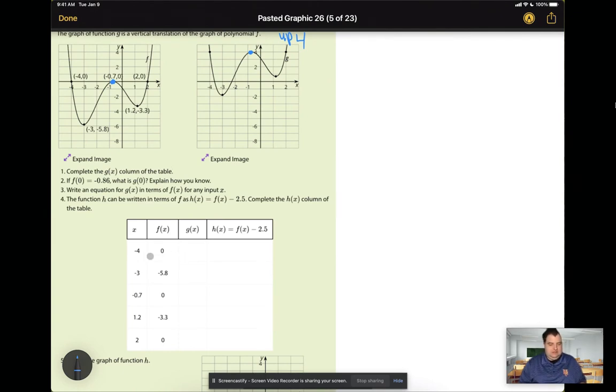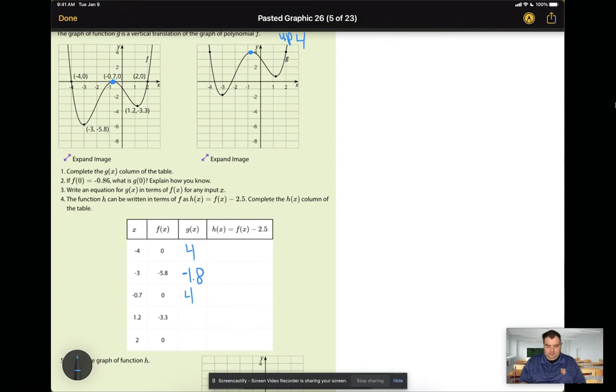So, for example, the g of x, this is going to become 4 because we're going to take the y value of f and add 4 to it. So negative 5.8 plus 4 is going to be negative 1.8. 0 plus 4 is going to be 4.